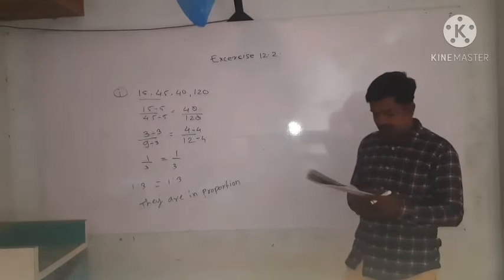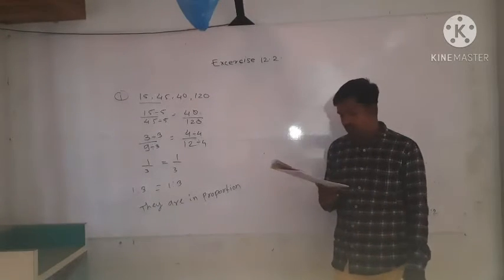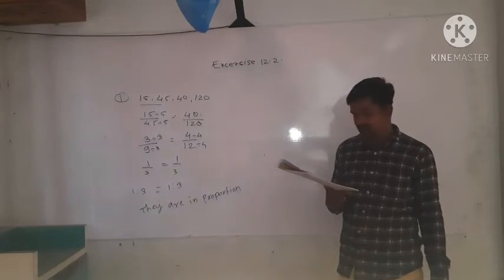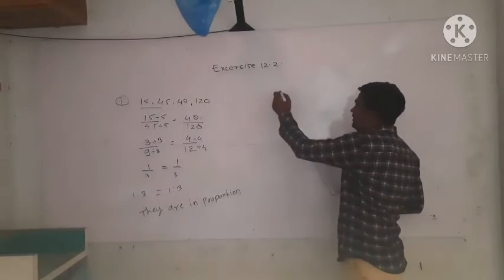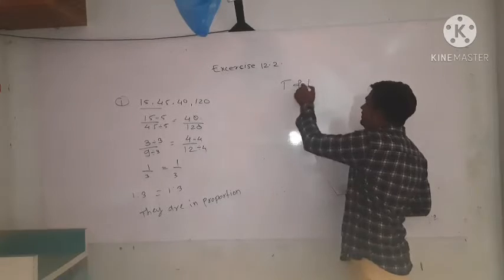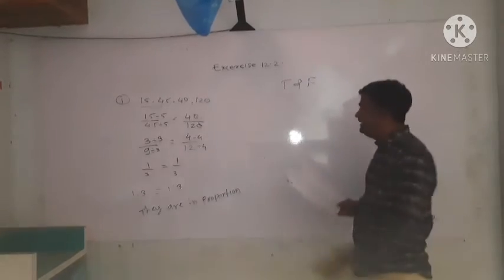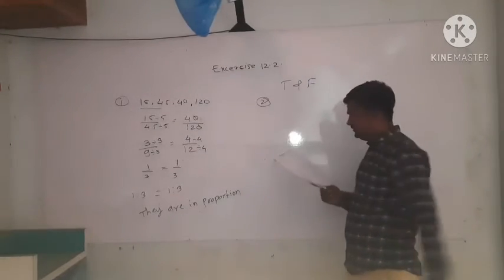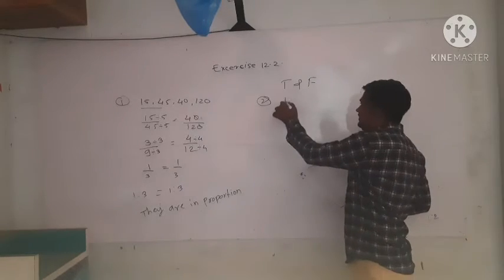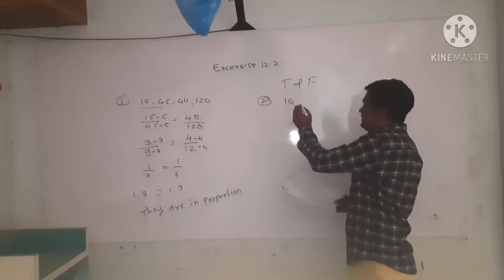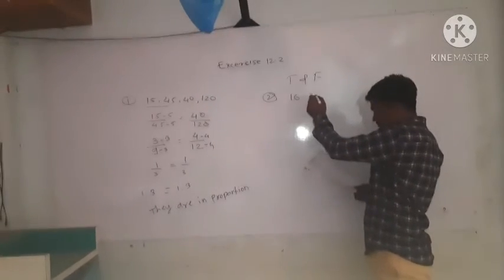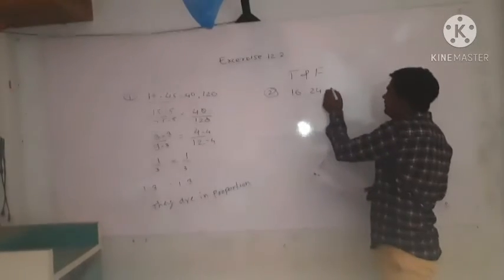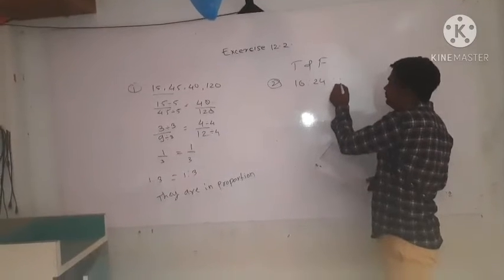Question number second, write true or false against each of the following statements. Same way, they have given here, you want to find the true and false. One example I will take here: 16 is to 24, this is the sign of proportion.